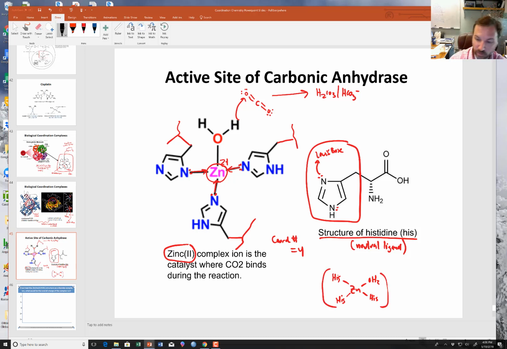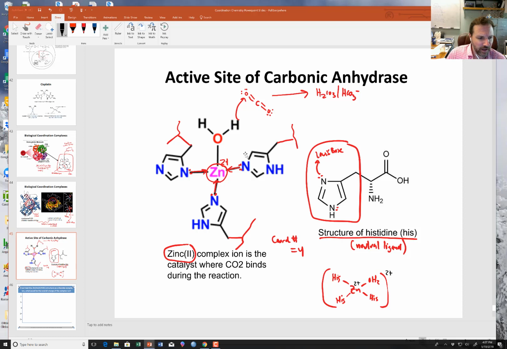If this is zinc 2 plus, then that would be a complex ion with an overall charge. Now, of course, in the body, because this is in a protein, in an aqueous solution, there would be other anions that could be associated in the outer sphere of this active site to neutralize the charge, but the active site itself would have this 2 plus charge.